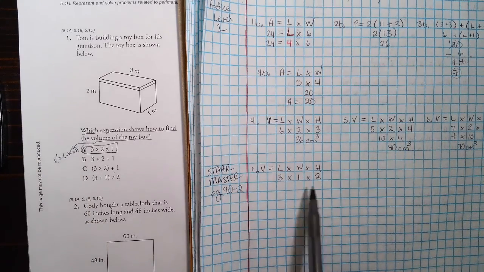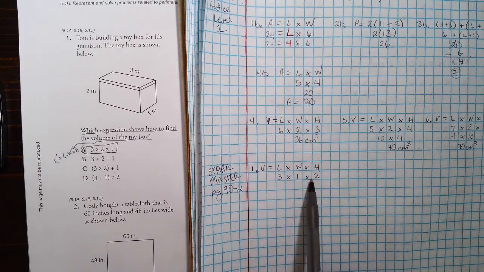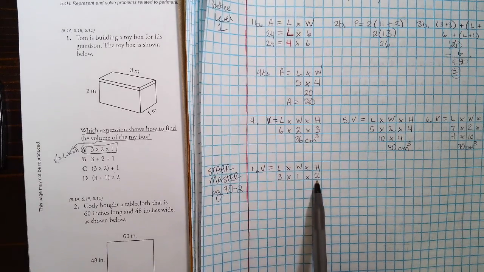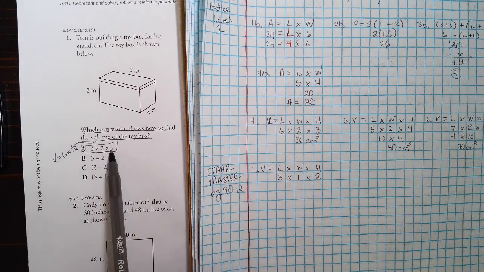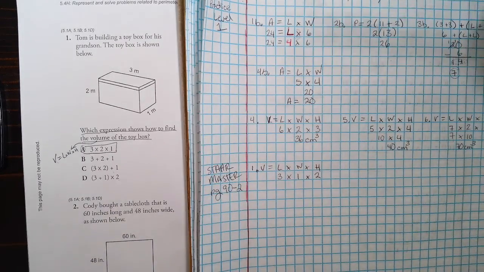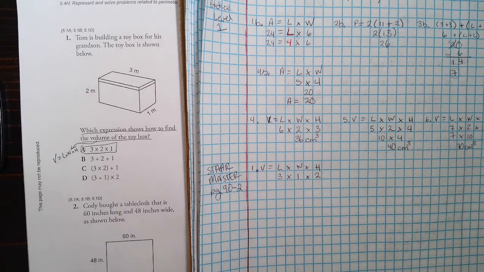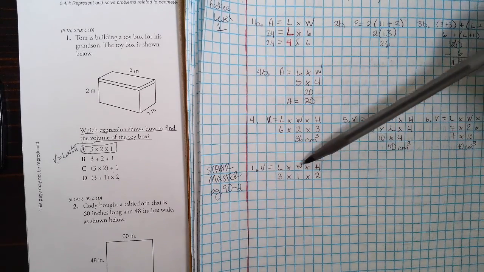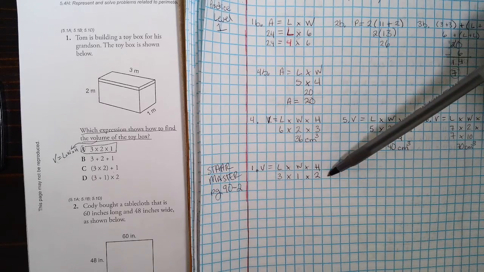Now, some of you are going to ask Mr. Rod, why is it that we have 3 times 1 times 2 and they have 3 times 2 times 1, okay? One idea is they're just weird, right? I don't know, but the thing is with multiplication, it doesn't matter which one we do first, okay?